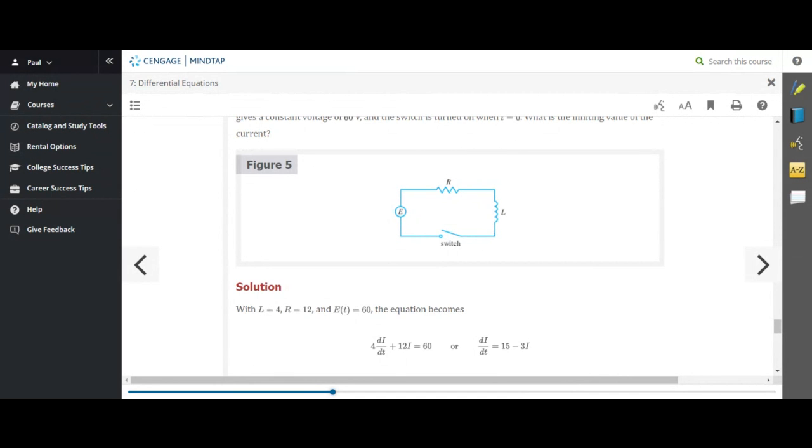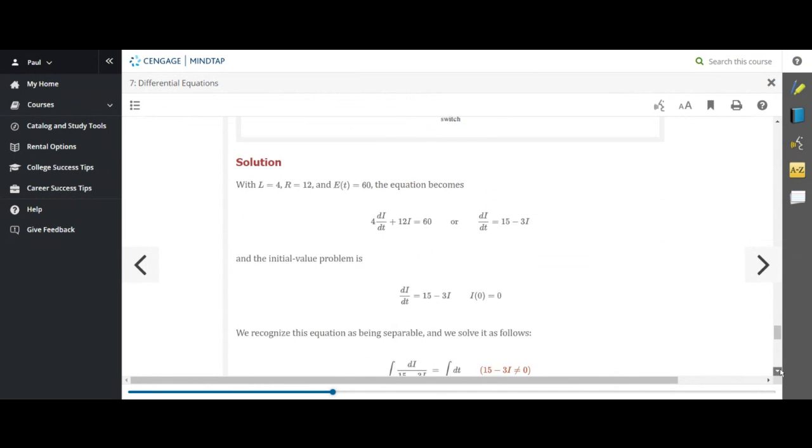So there's an example where they go through and solve a differential equation. But maybe we'll come back to this. Let me move forward here. I want to get to a few more things.